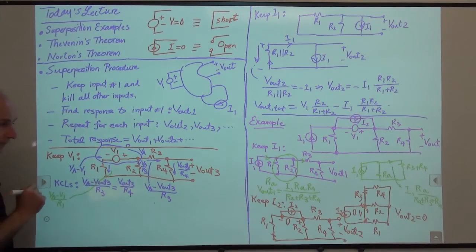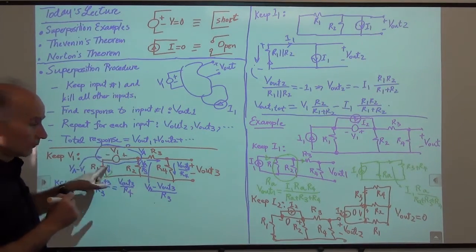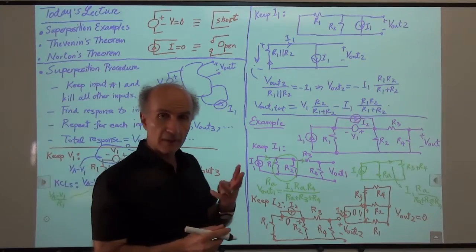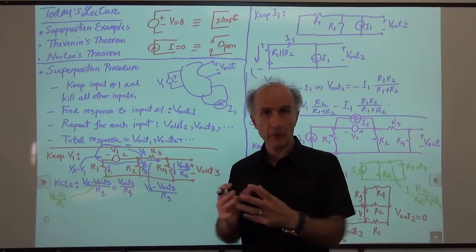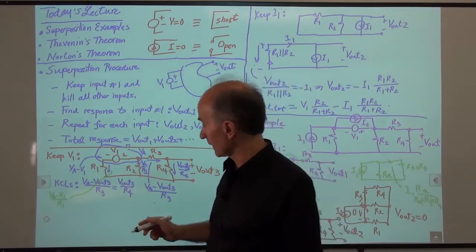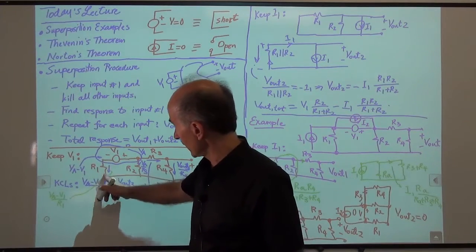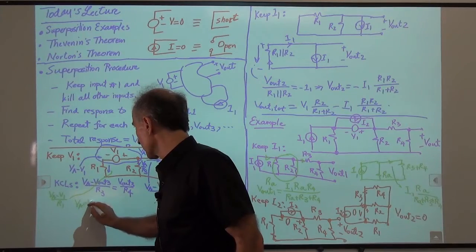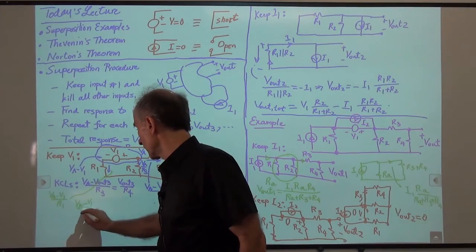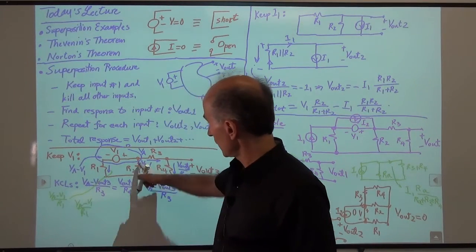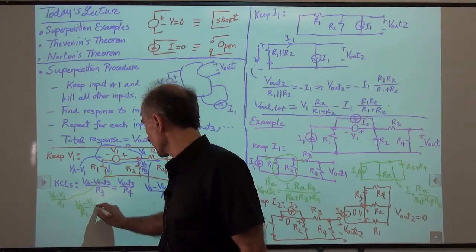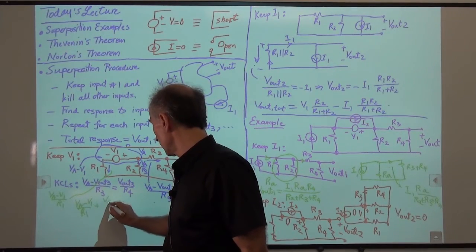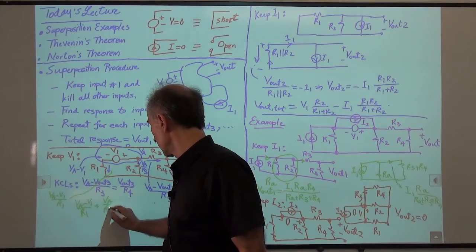That's this current. So this little blue box has 3 branches, and we have to add up all these 3 currents. So our next KCL will be, this is coming out, so we have VA minus V1 over R1. This one is coming out, so plus VA over R3.